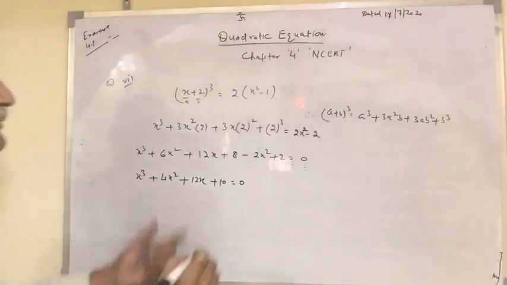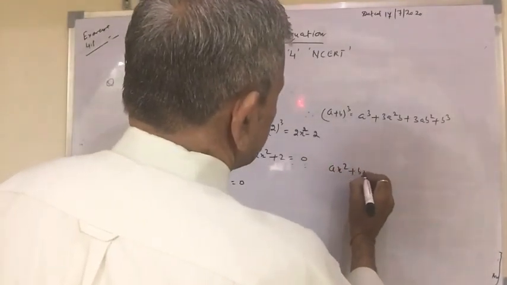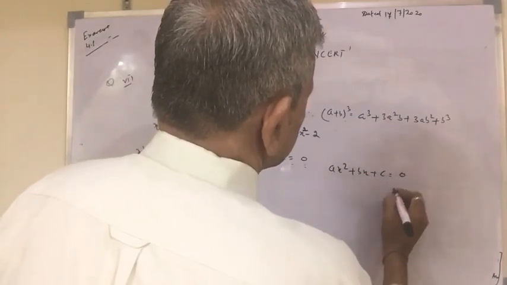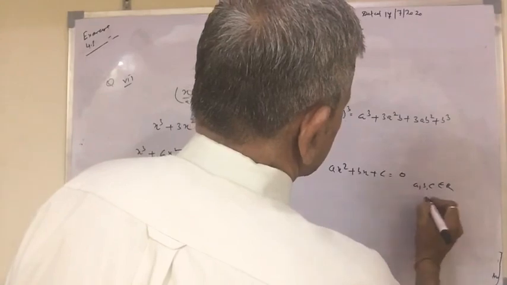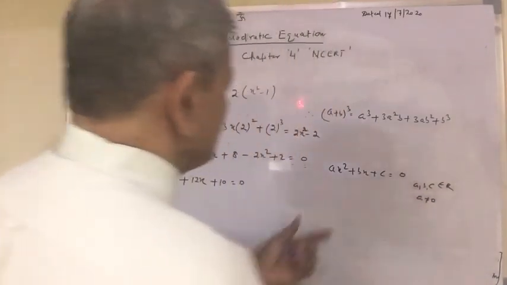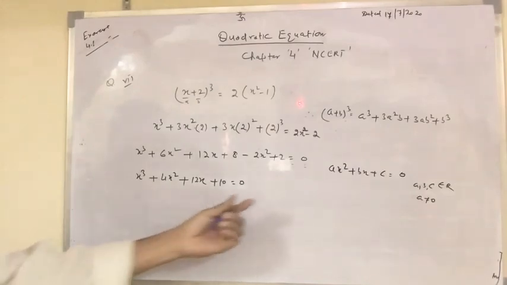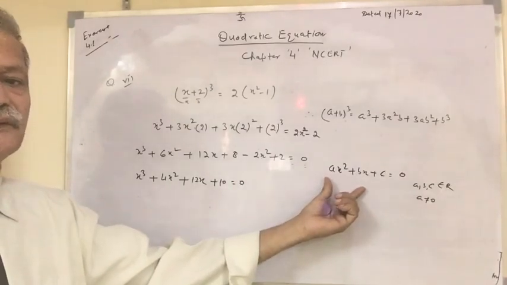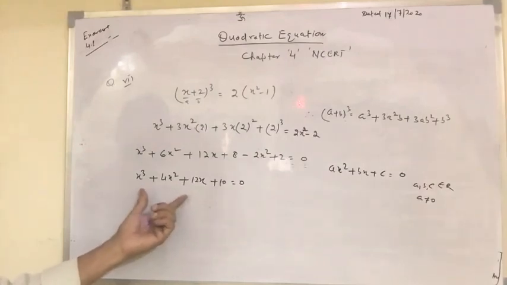Now compare this equation with the quadratic equation ax square plus bx plus c is equal to 0, where a, b, c belong to R and a is not equal to 0. Now here you would find this is a cubic equation, whereas this is a quadratic equation. So it will not be quadratic because it is a cubic one.